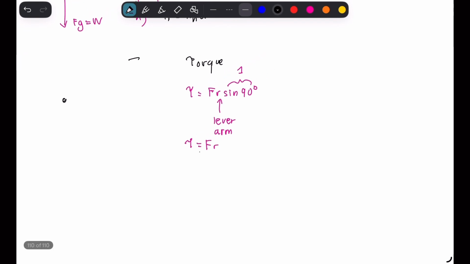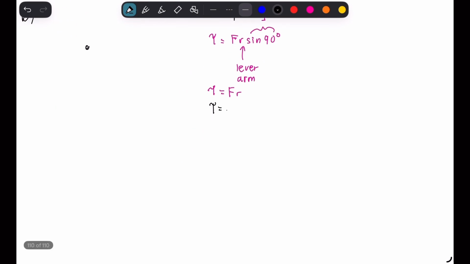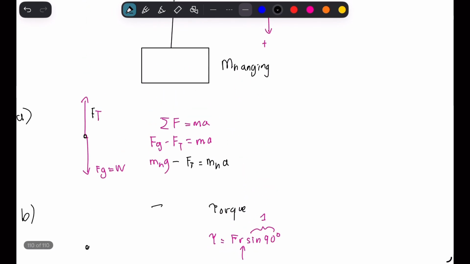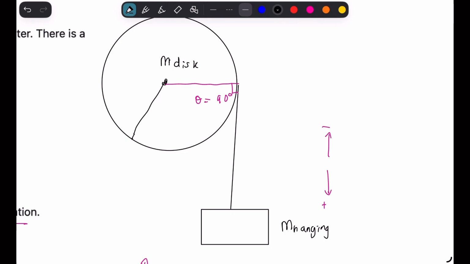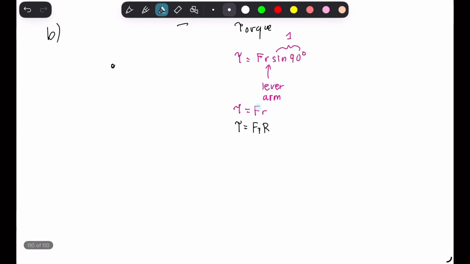Now, the type of force that we have acting here is going to be the force of tension. So this is going to be Ft, and then this is radius r. And we're representing our radius as a large R, which we'll just write here as a large R. Now, this was our Ft.